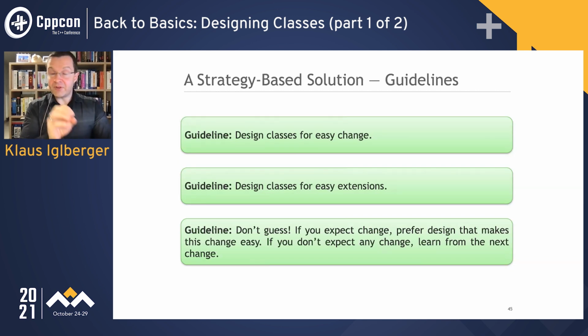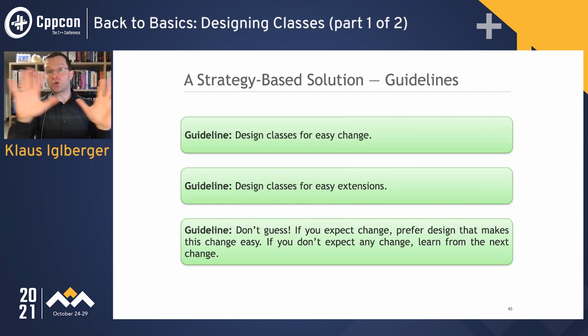What I'm saying is that if you find that you change that aspect, then you should take care of isolating it. But as long as it is working, it may actually be okay. As long as you don't change it, it may be okay. So please don't guess what could happen in the future. Do not guess how the code evolves. Only if you know how this changes, make the according refactoring in order to enable easy change.